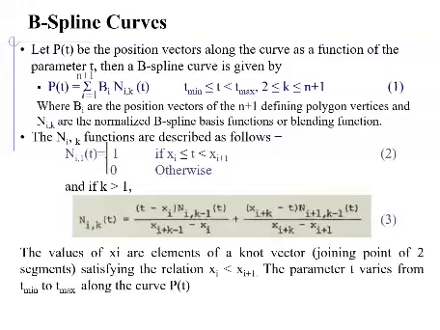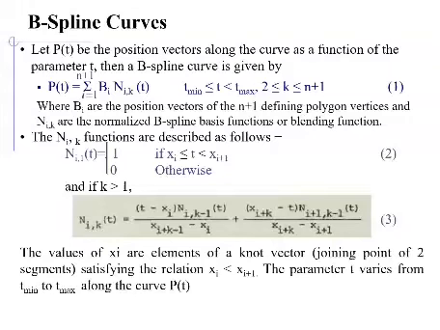Now next we are going to see the equation for the B-spline curve. Let P(t) be the position vector along the curve as a function of parameter t. Then the B-spline curve is given by P(t) equal to summation of i equal to 1 to n plus 1, so n plus 1 is the number of control points, of Bi Nik(t). What is Bi?